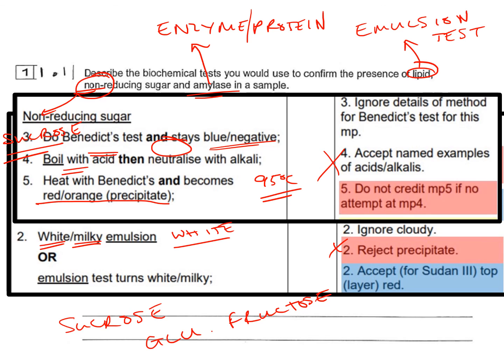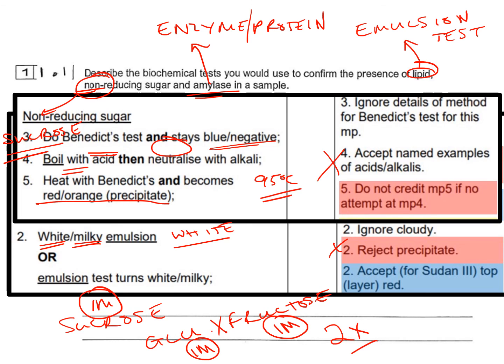If you had 1 molar, this is really important, 1 molar sucrose, and you added a dilute acid and hydrolyzed the bond, the glycosidic bond between the two monosaccharides, you would have 1 molar glucose and 1 molar fructose.